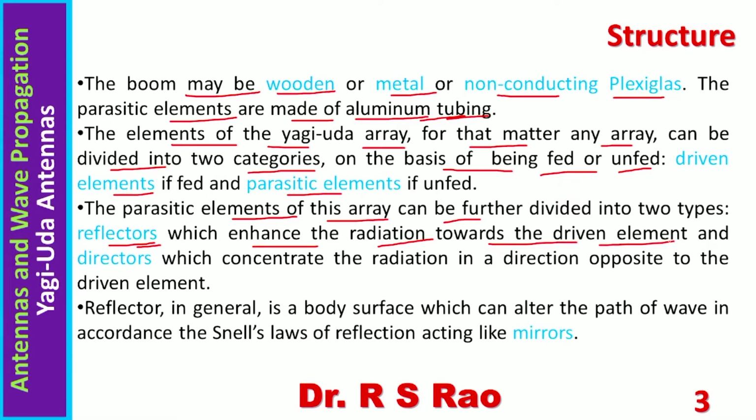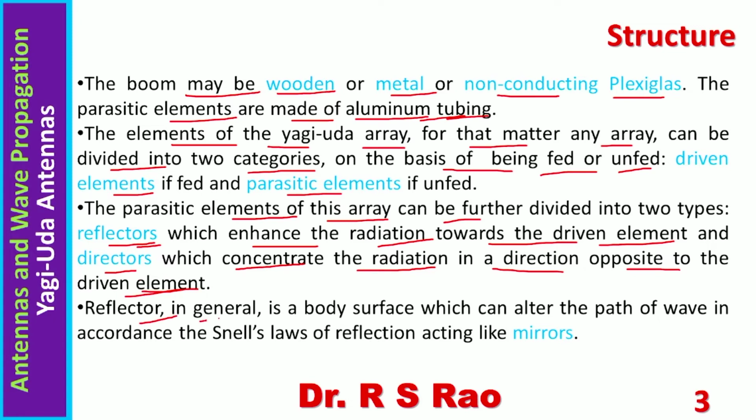This gives you a definition for a reflector. A reflector is one which enhances radiation towards the driven element, and directors are elements which concentrate the radiation in a direction opposite to the driven element.